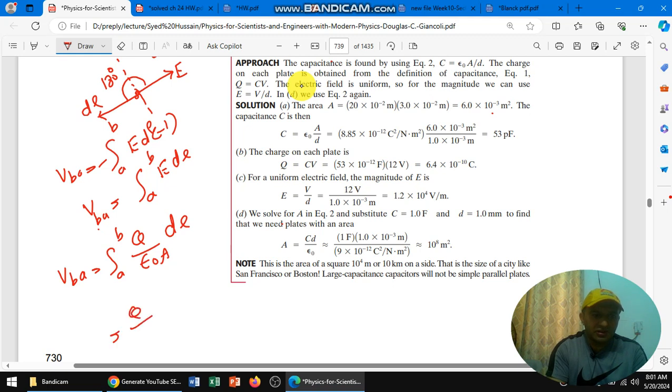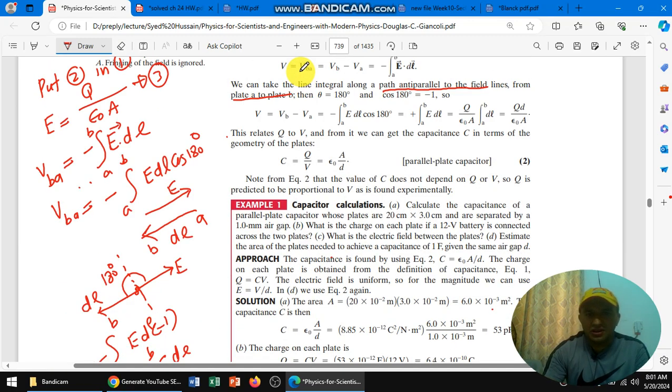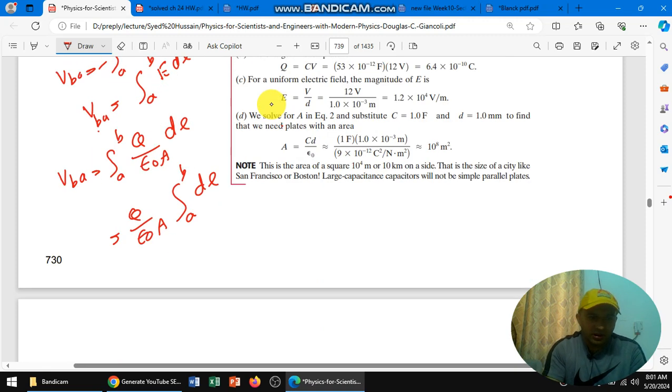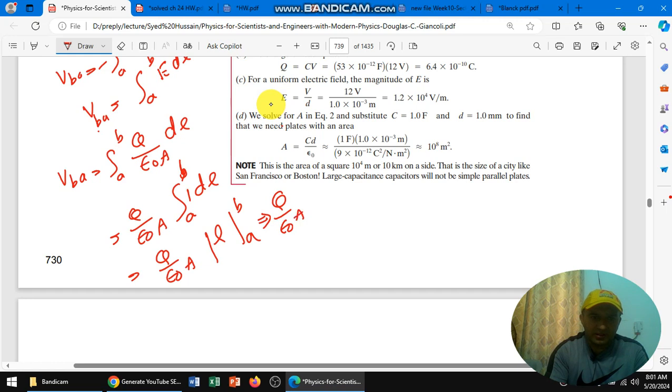So VBA is Q over epsilon naught A times the integral from A to B of dl. The integration of 1 is simply the limits, B minus A, and the distance from A to B is d. So VBA is equal to Q d over epsilon naught A.